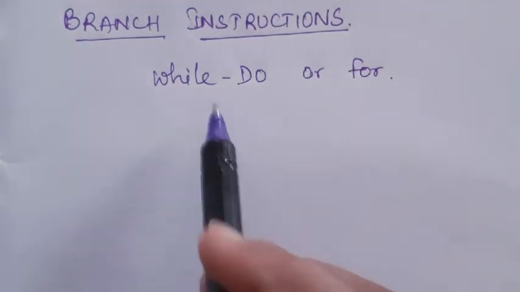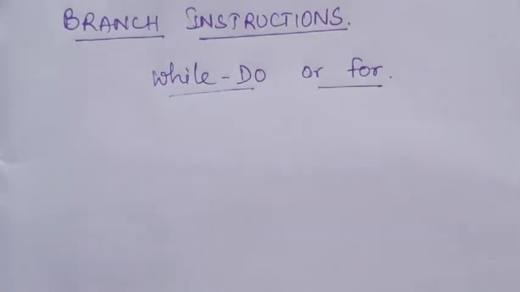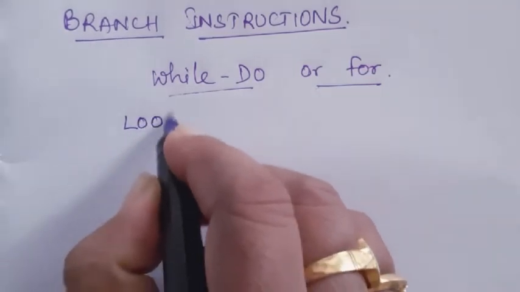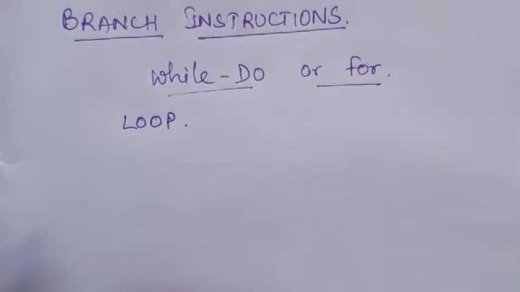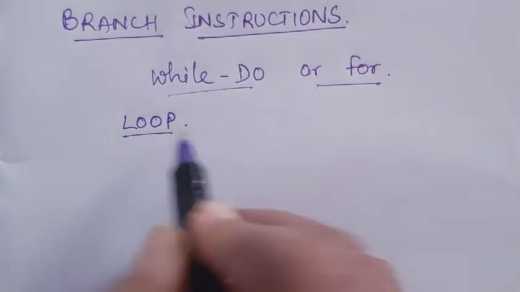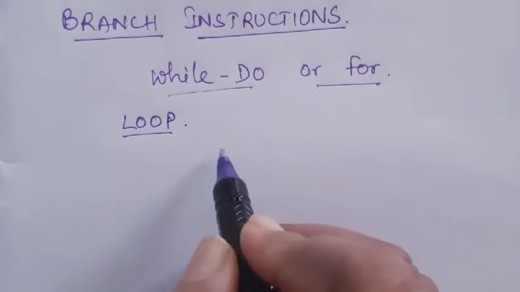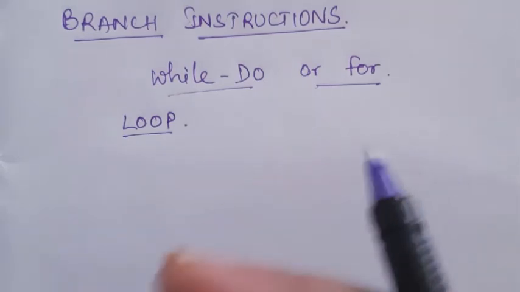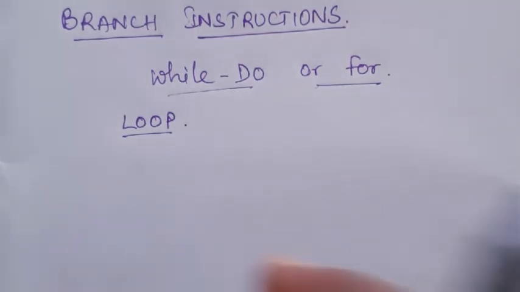To implement these structures in assembly language programming in the 8086 instruction set, there is an instruction called loop, which is used to write programs where a certain number of instructions are to be repeatedly executed for a number of times.